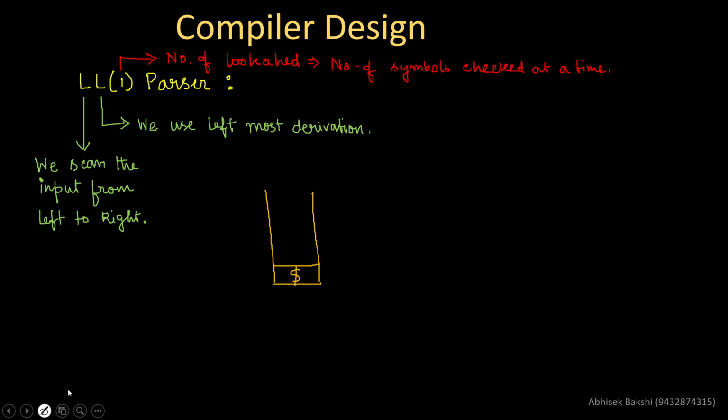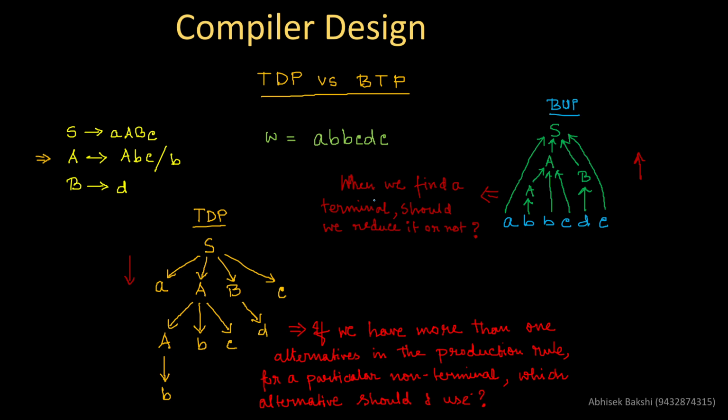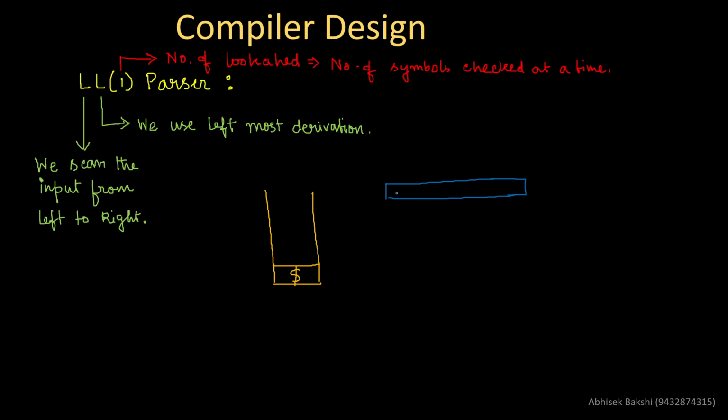Assume a situation where there is an input string, for example A, B, B, C, D, C. After this particular string, the compiler automatically puts a symbol, which we call dollar.